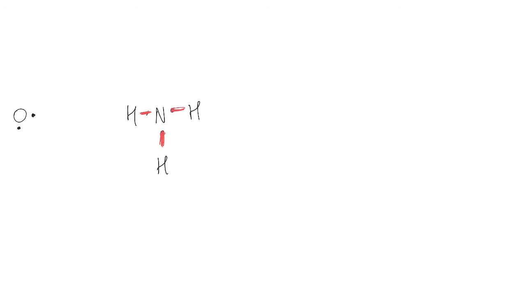Then I need to replace each line with a pair of electrons. Here I've got 1 pair, 2 pair, 3 pair. Now I'm going to say that the O's, the circles, are brought by the hydrogens and the X's are brought by the nitrogen. So the nitrogen is showing 3 electrons. This one, and this one.